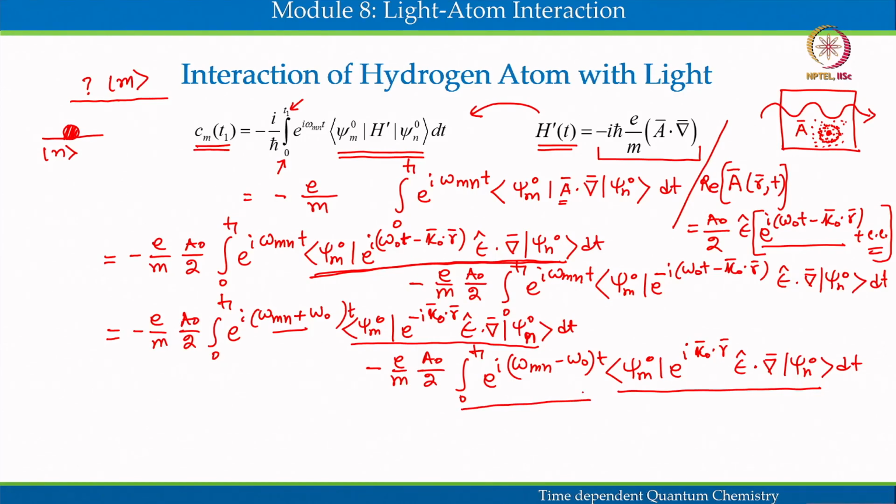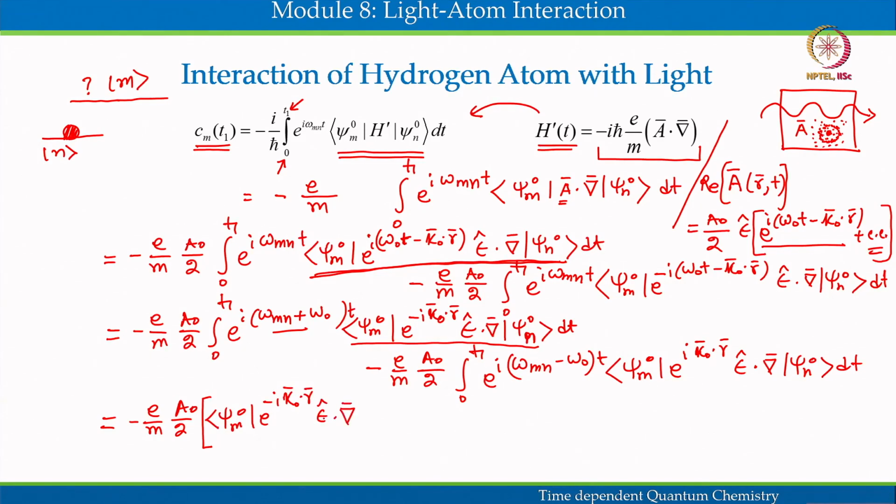That is why this spatial integration can be taken out, and one can finally write minus e by m a naught by 2, then we take out the spatial integration as e to the power minus i k naught dot r, then epsilon dot differential operator, then psi n 0 dt.